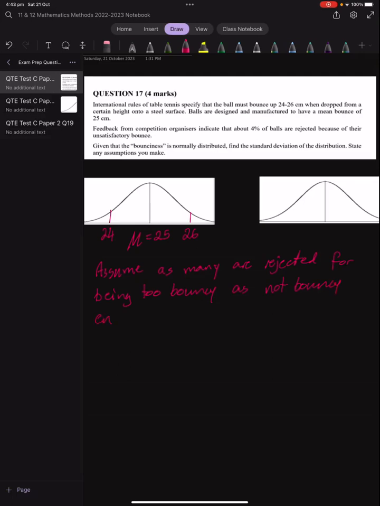Now, whether I have to assume that or whether I can deduce that because they've suggested that they're normally distributed, which they've told us, and that the mean is 25, I think it's reasonable either way.